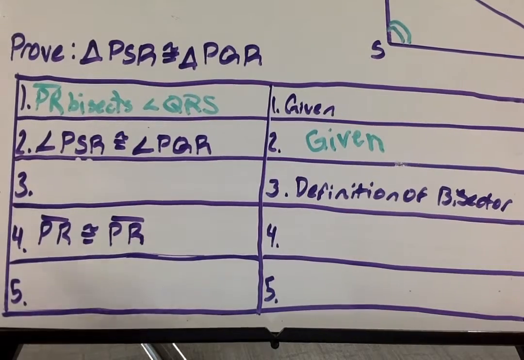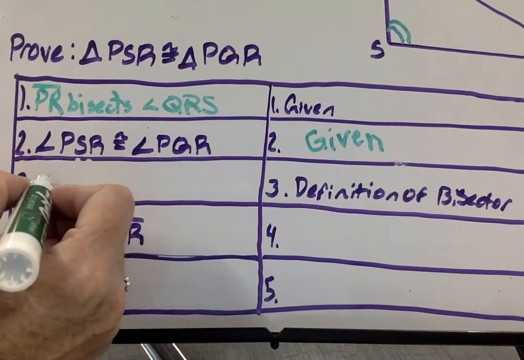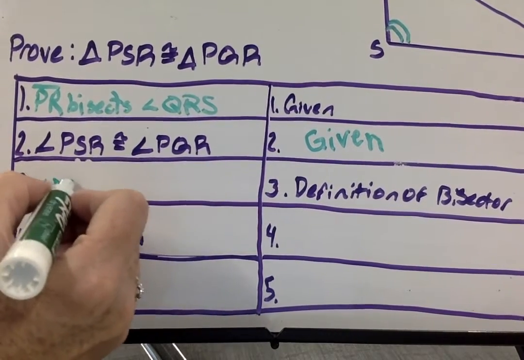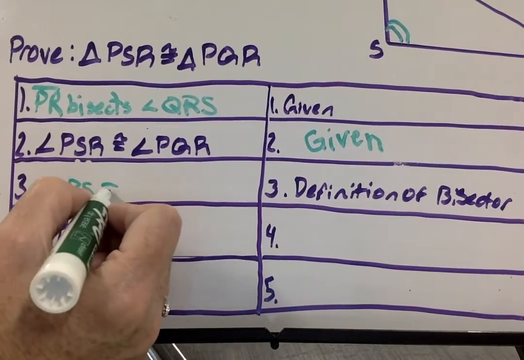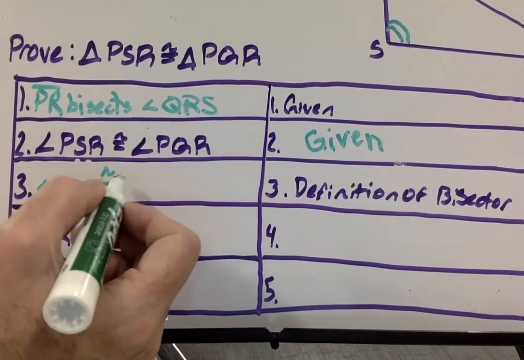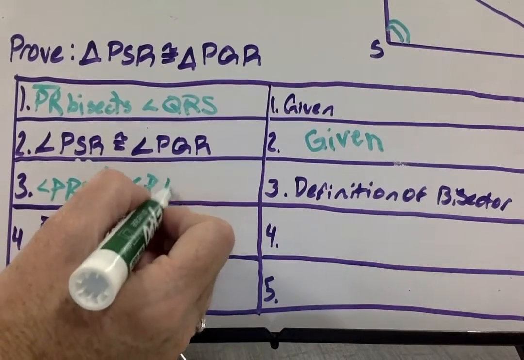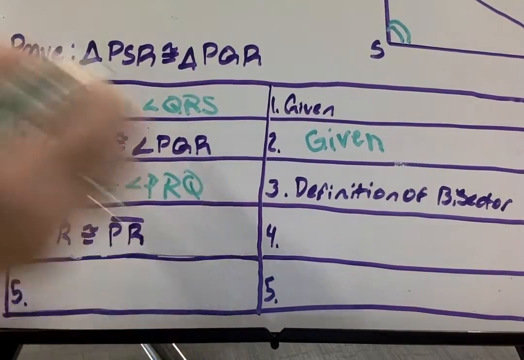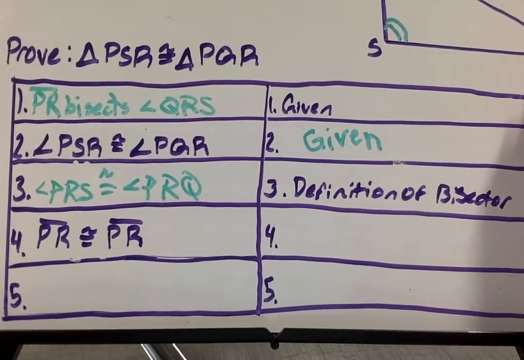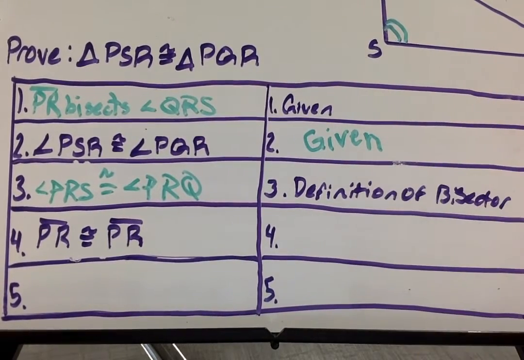Okay, so I'm going to say angle PRS is congruent to angle PRQ. So again, this one's congruent to that by definition of bisector.